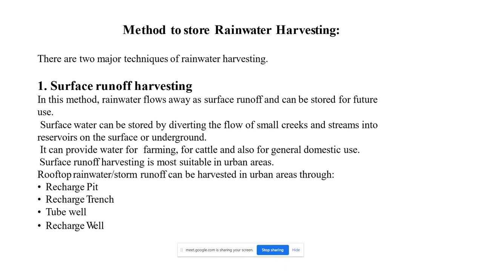It prevents soil erosion and floods. By collecting rainwater, we reduce the flow of storm water, which reduces erosion and floods. Rainwater is very suitable for crops and many places, which is very important. Thank you.